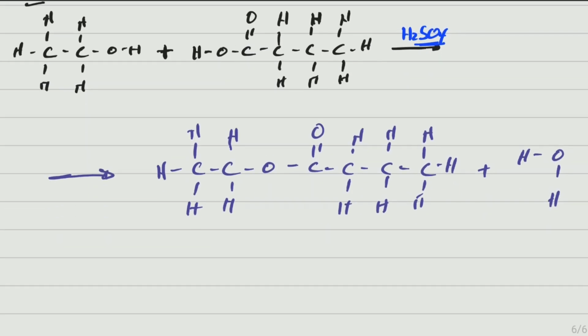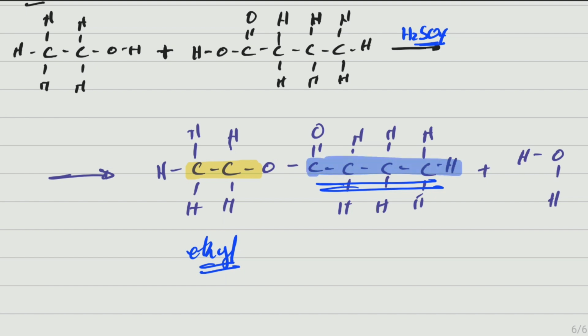The name, remember the alcohol comes first, so this coming first in the name will be ethyl, and then the second part is from the carboxylic acid, and that one is butanoic acid, so it will come as butanoate.